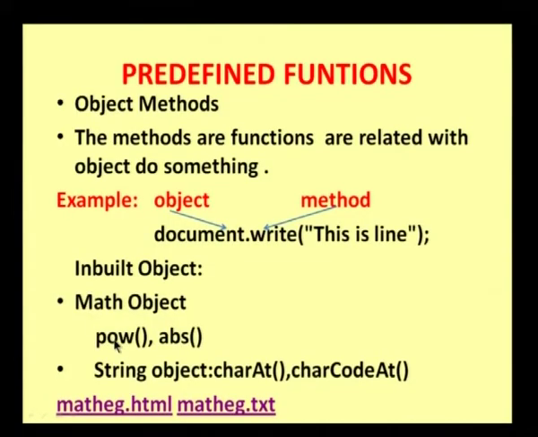Instead of writing all these mathematical operations, the user can reuse the functions. For example, finding the power of a value, or the absolute value. ABS gives the absolute value of a particular integer. So the math object is used to perform mathematical operations on any numbers.